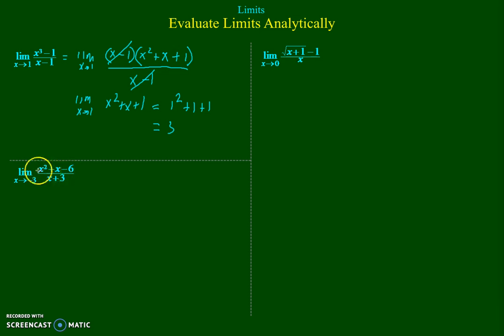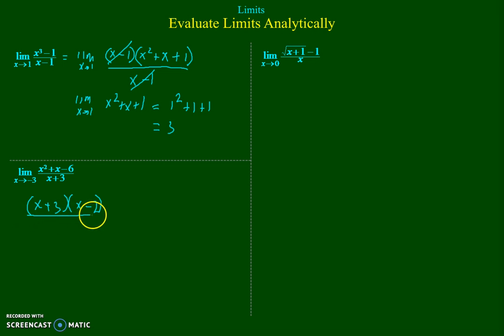Well, here we have a quadratic, so let's see if there's any way we can factor this guy out. So that quadratic is x, and that's a negative sign, so it's plus and minus, and 3 and 2, x squared minus 2x plus 3x, that gives us the positive x minus 6.